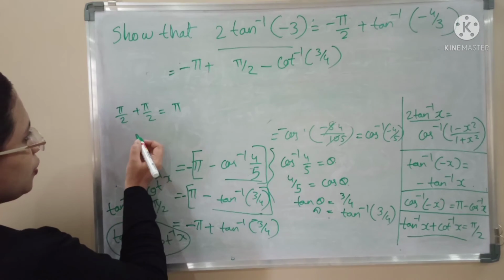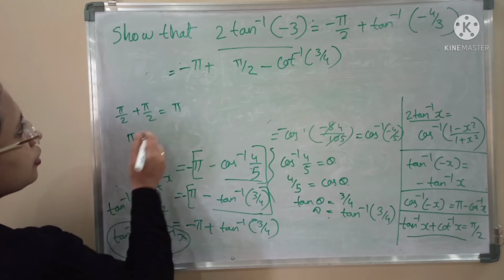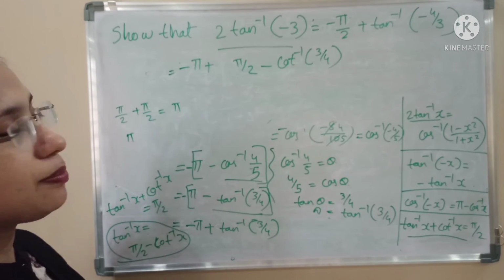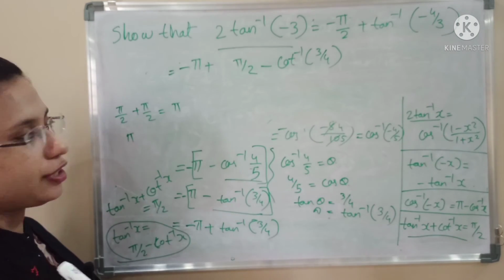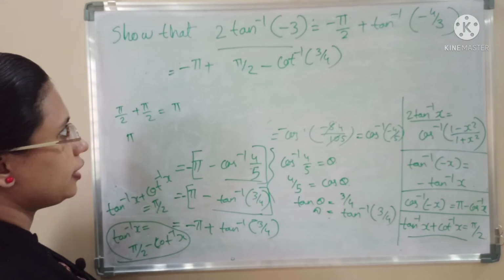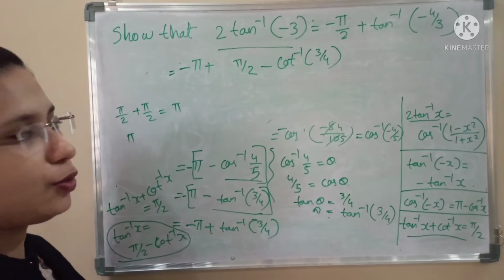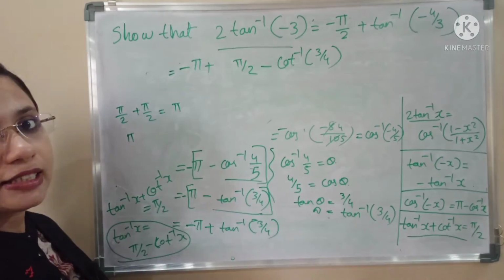So here it is minus pi plus pi by 2. Both the signs are different, so first we need to subtract both and put the sign of the largest value. Which is the largest value here? That is pi.